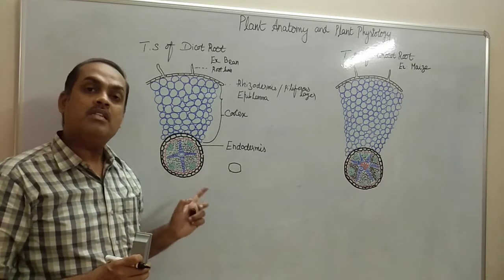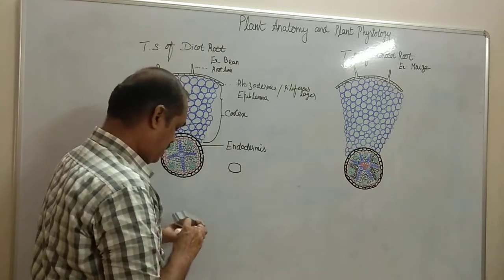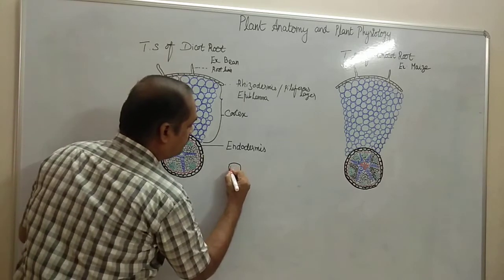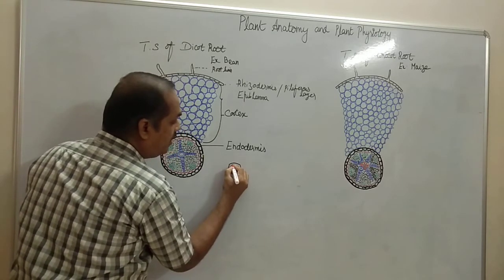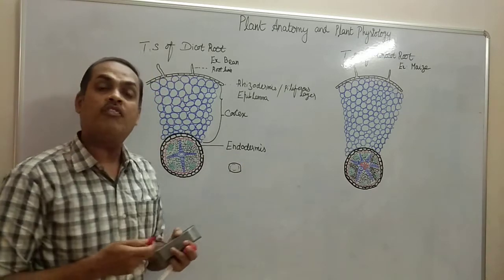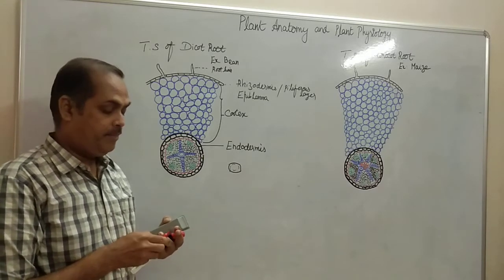The special thing about endodermis is the radial wall, and this is called as the tangential wall. The radial and the inner tangential wall of the endodermis is made up of a chemical called suberin.